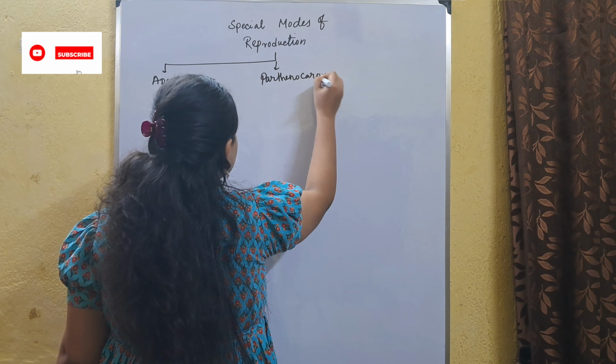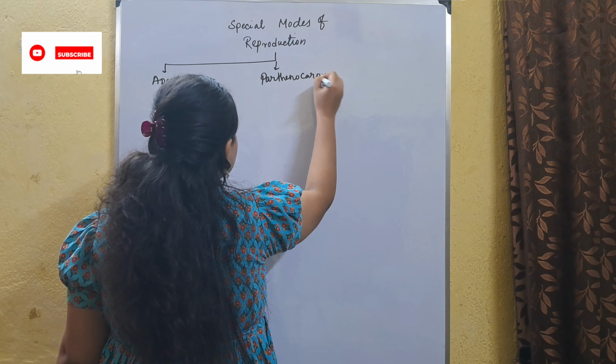Apomixis is basically the formation of seeds without fertilization. Two scientists, Maheshwari and Winkler, differentiated apomixis into different types.